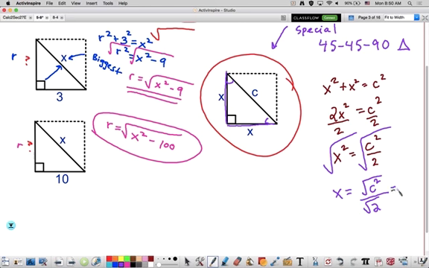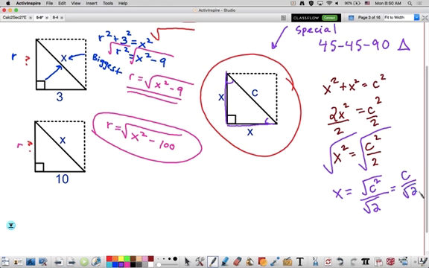Well, what's the square root of c squared? If you take the square root of 10 squared, what do you get? What do square roots and squares do to each other? They cancel, right? So the square root of c squared is c. c over the square root of 2.